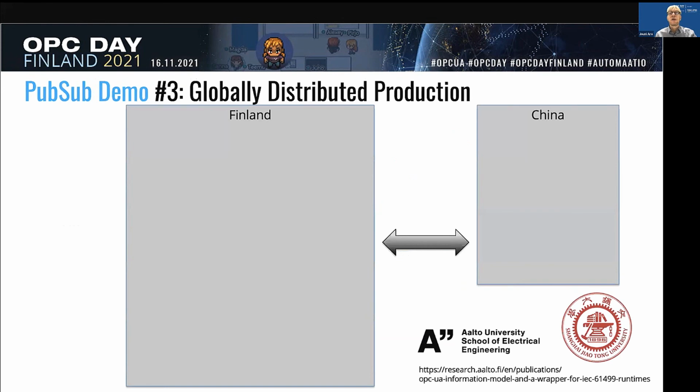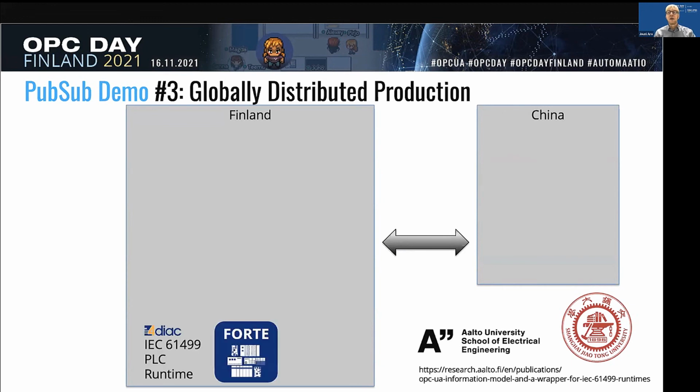And the third demo that we'll be working on together with Aalto University and Shanghai Jiao Tong University in China is to study how you could do globally distributed production. Here the idea is that we have communication going between Finland and China.